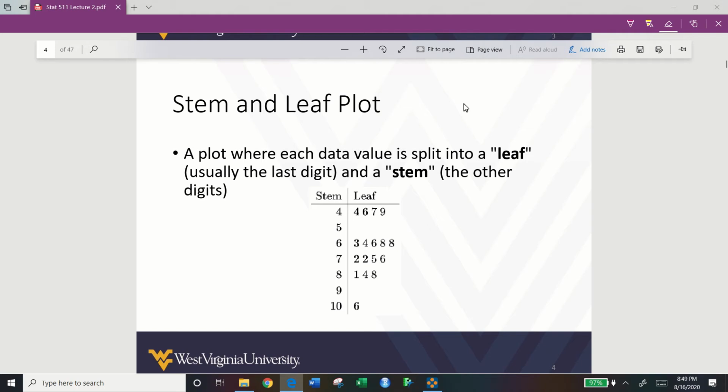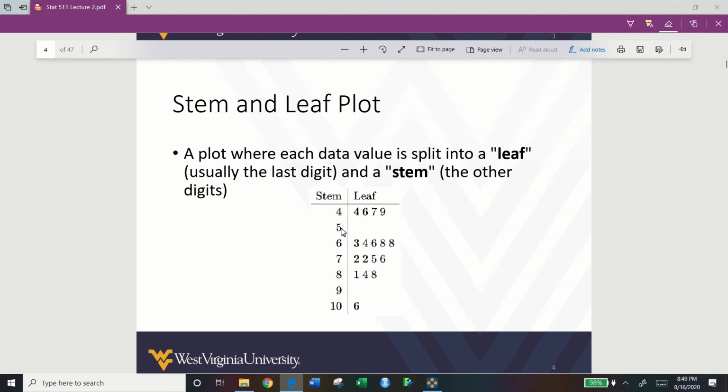Usually with a stem and leaf plot, it is important to provide a key just so the reader knows what the stem's place is and what the leaves place is. In this case, the stems are the tens place and the leaves are the ones place. So we have a value of a stem of 4 and a leaf of 4.